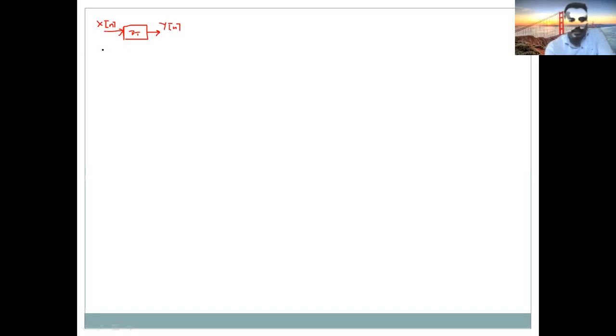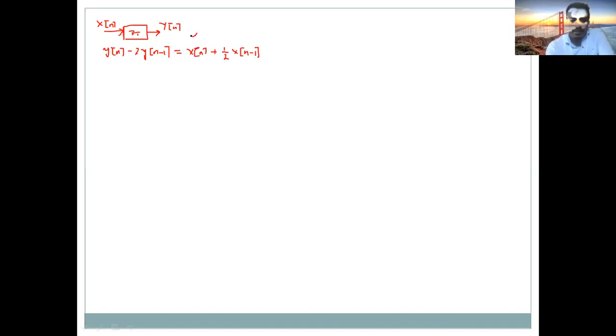The difference equation is y of n minus 2 y of n minus 1 is equal to x of n, this is the input side, plus half x of n minus 1 is given. Okay, it's given.